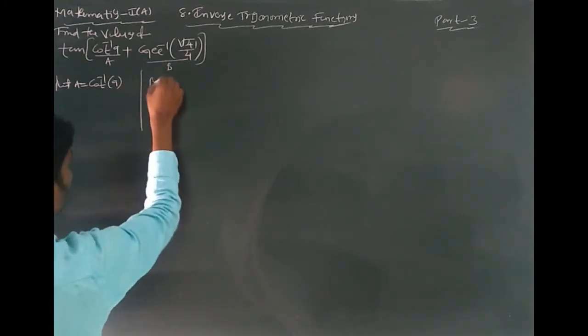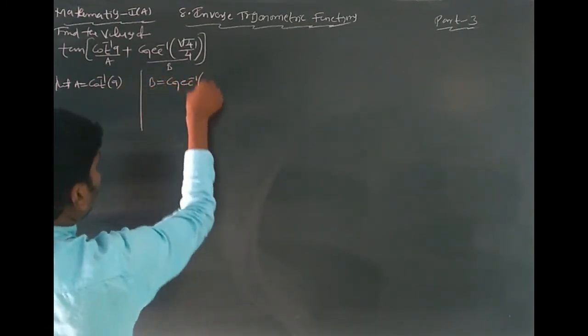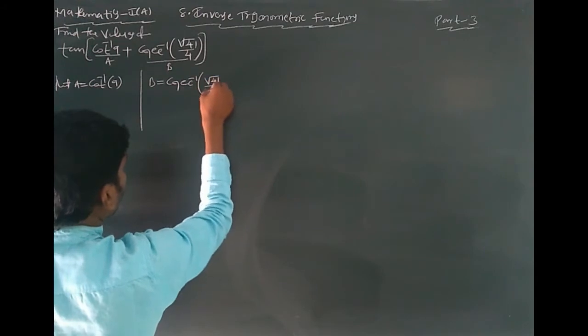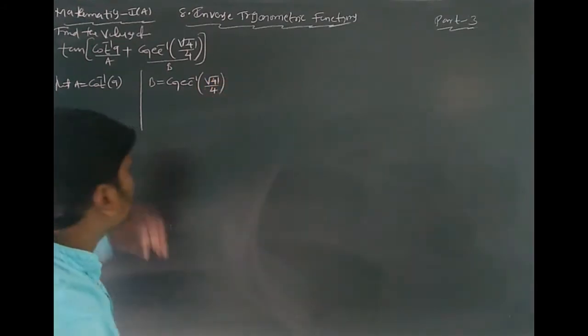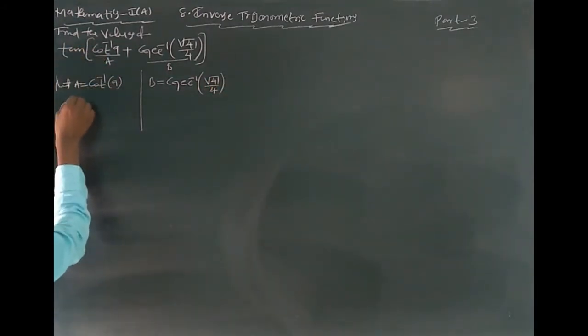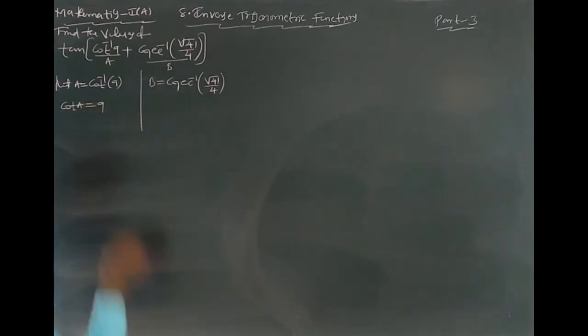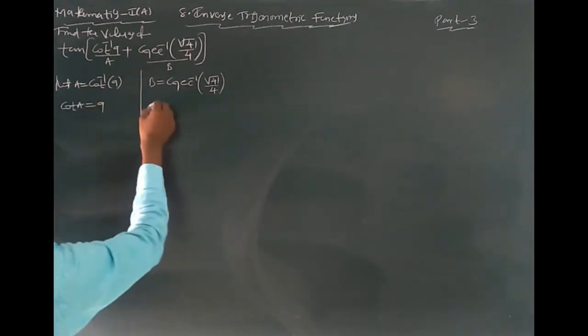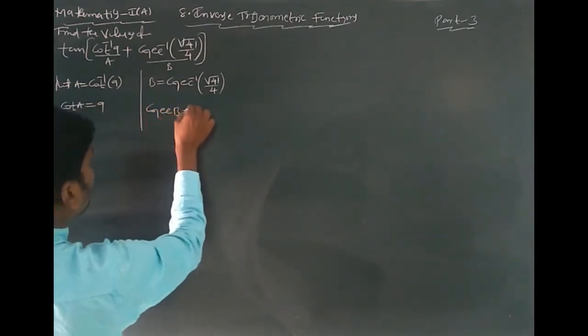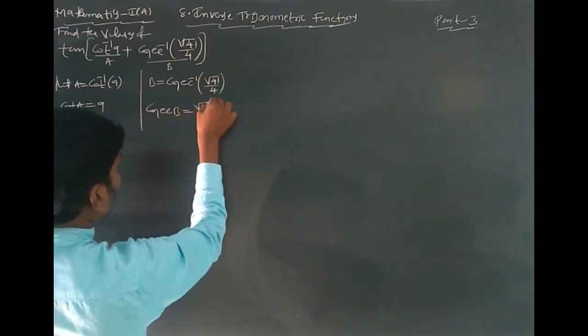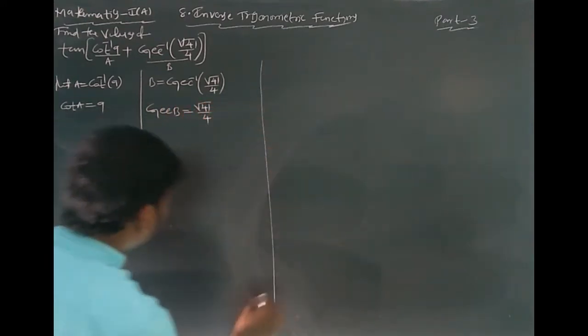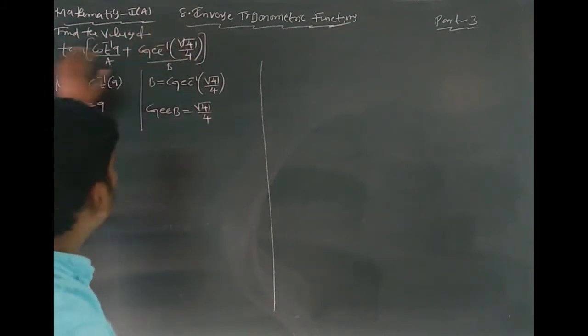Similarly, B is equal to cosecant inverse of square root of 41 by 4. After that, cot A is equal to 9. Similarly, cosecant B is equal to square root of 41 by 4.